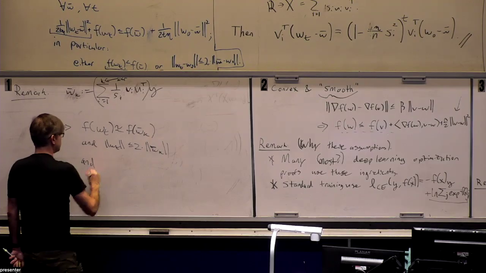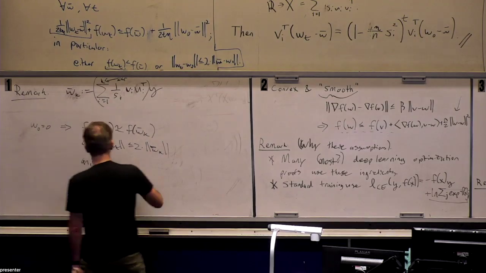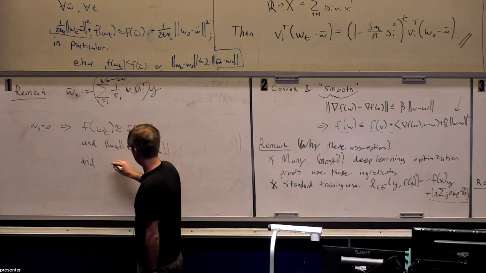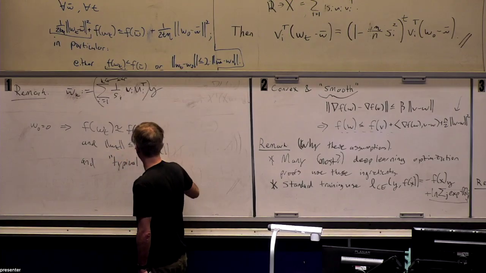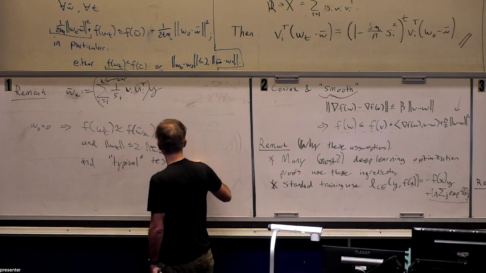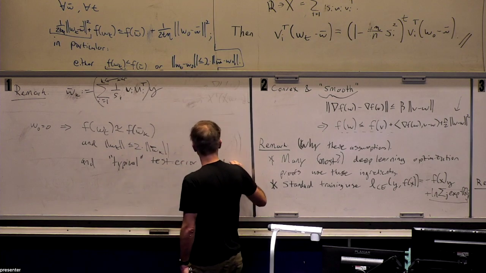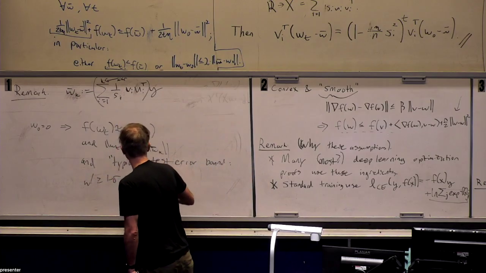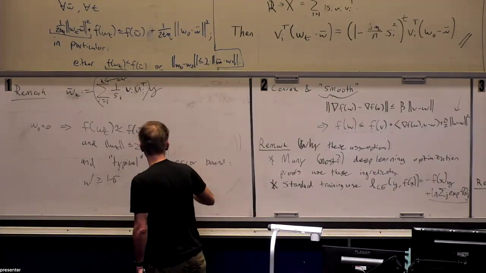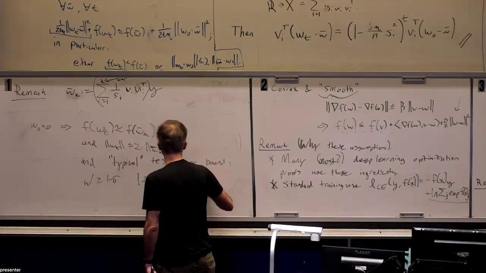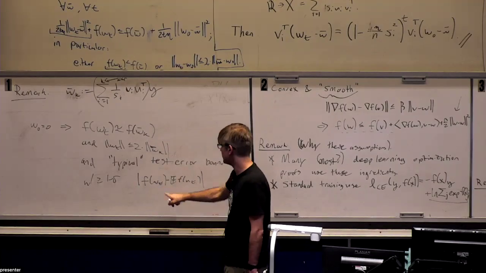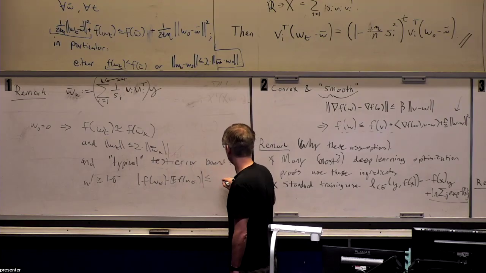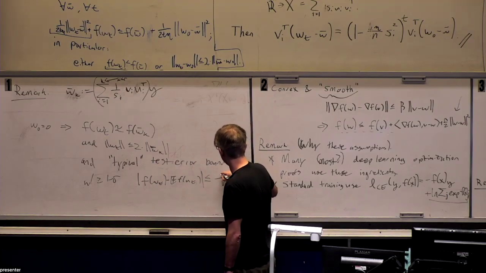And a typical test error bound has the form: with probability greater than or equal to 1 minus delta, the gap between f of WT and the expected value of f of WT, where f here is the training error, the least squares loss on a training set, will scale with the norm that we have.